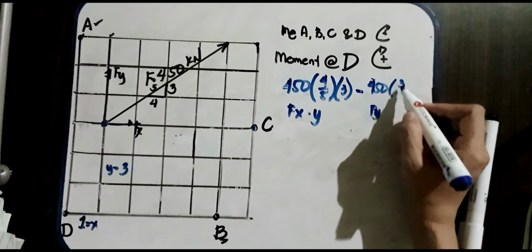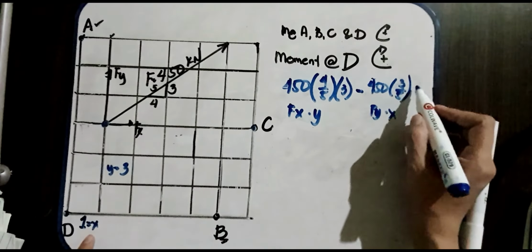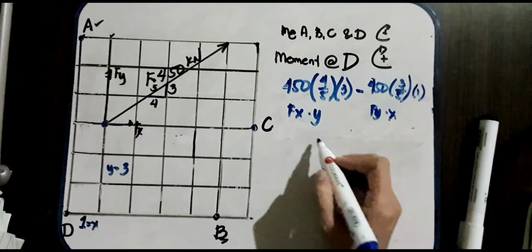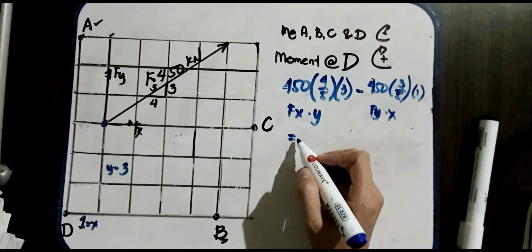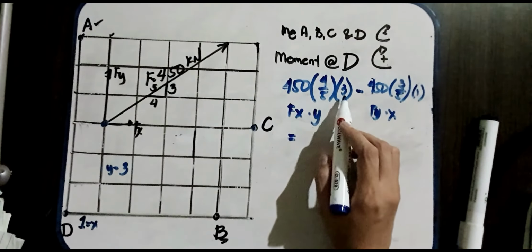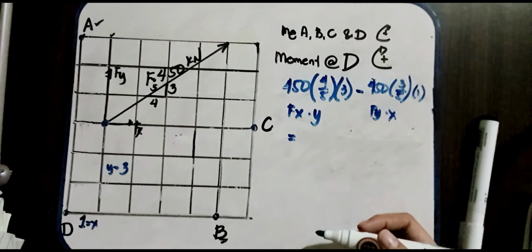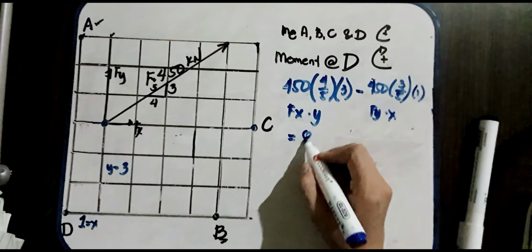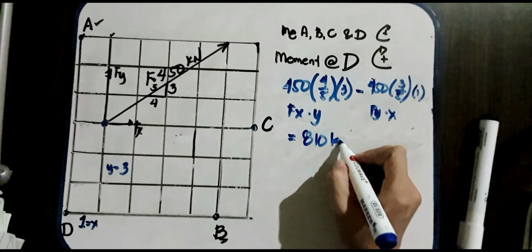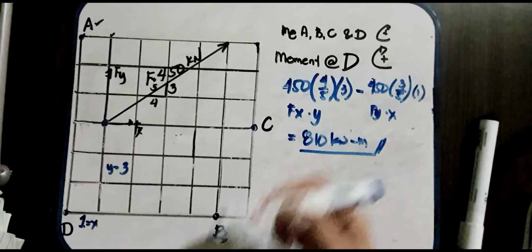So, that is 3 all over 5. What is the distance x? Ano yung x natin is 1. Okay, so that is 450 multiplied by 4 all over 5 times 3 minus 450 multiplied by 3 all over 5 times 1 is 810 kilonewton meter. So that is for the moment D.